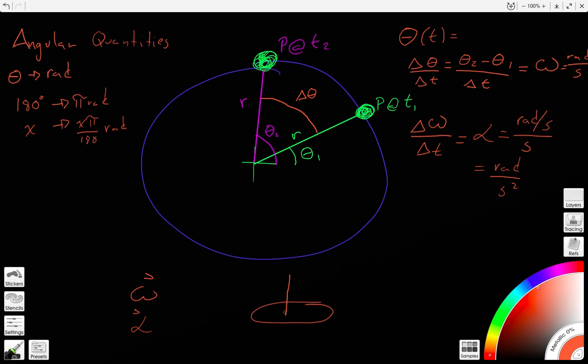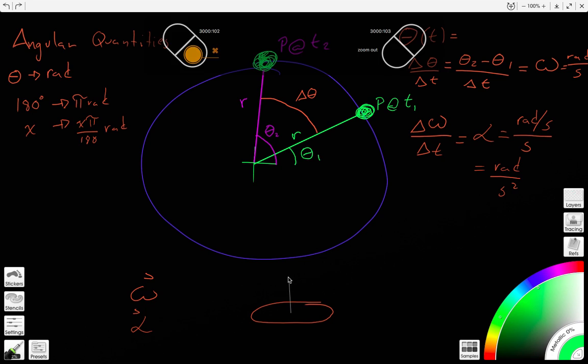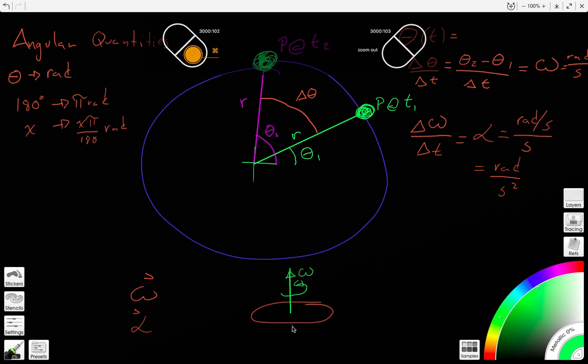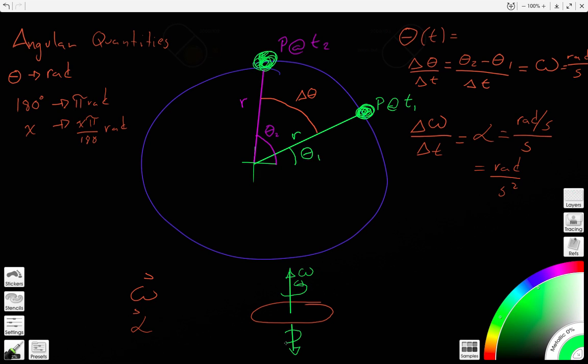My omega vector would be perpendicular like this. If it goes up, that implies movement in this direction. If it goes down, it implies movement in this direction. Alpha is the same thing. But don't worry if you don't understand this right now. I just want you to understand what angular velocity is, what angular acceleration is, and what angular position is.